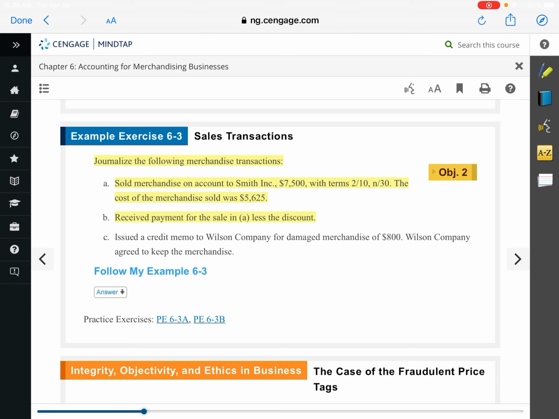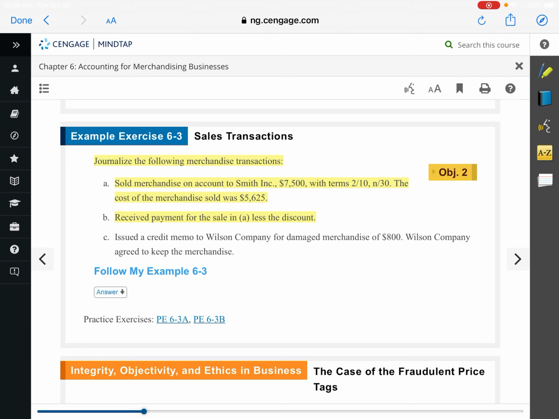All right, so $7,500 was the amount of the sale, and then we offered them a 2% discount. If you said 7,500 times 98%, that's $7,350.